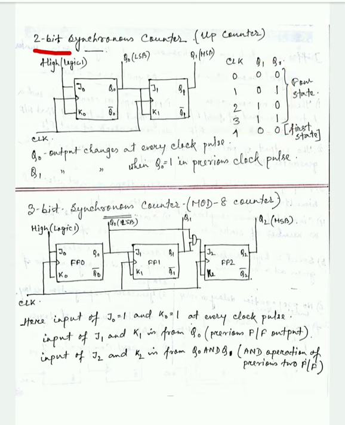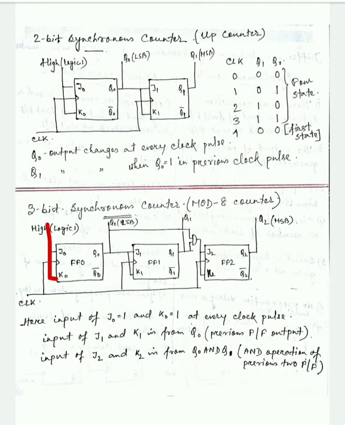Similarly, for a 3-bit synchronous counter, we get 8 states, and its construction is the same as it is. One thing differs here. The same clock pulse is applied, you see here. We already know that the first flip-flop will get high, and the second input will come from the first flip-flop.